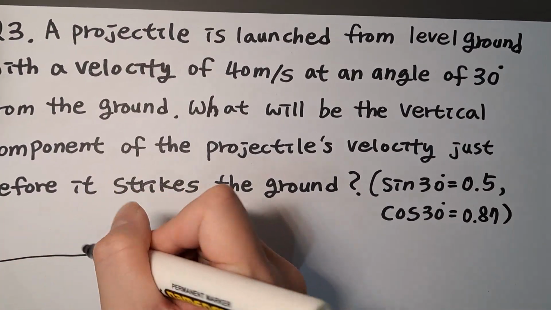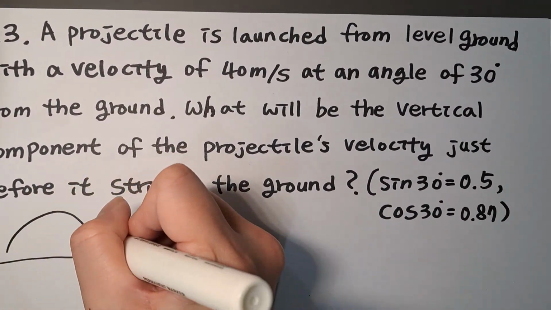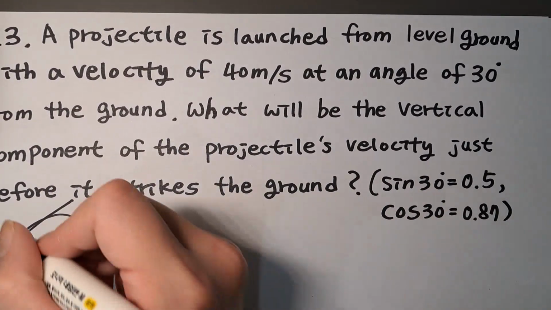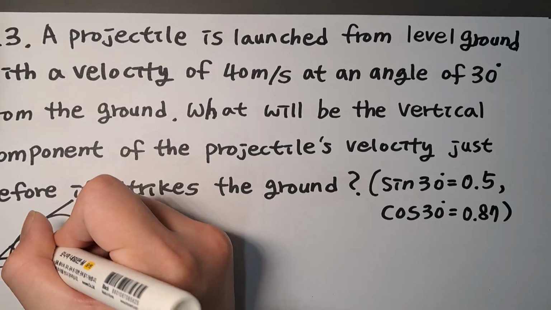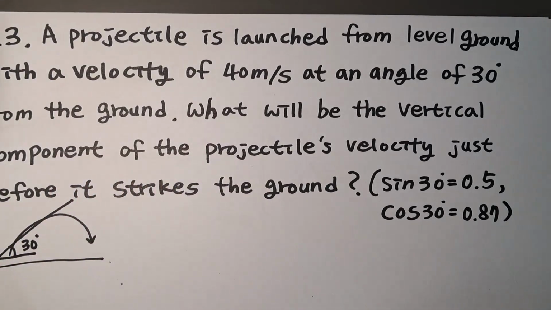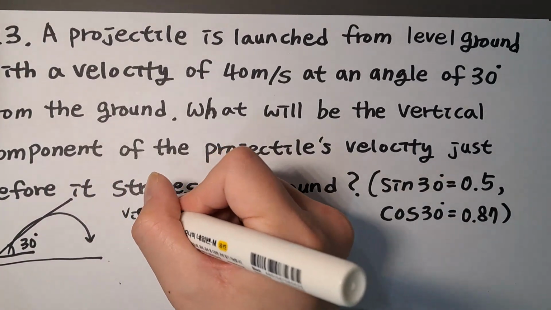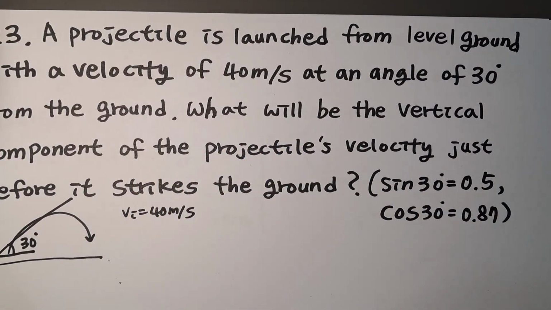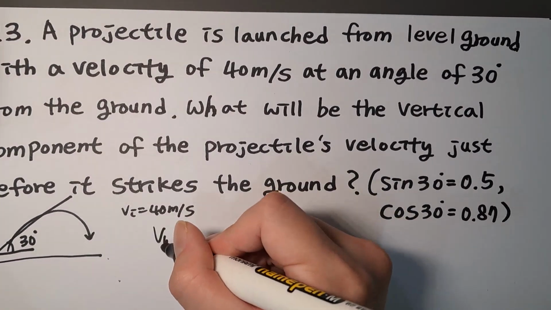So this is the projectile motion, and this is 30 degrees. The initial velocity is going to be 40 meters per second. The velocity component of the projectile's velocity just before it strikes the ground is going to be this.